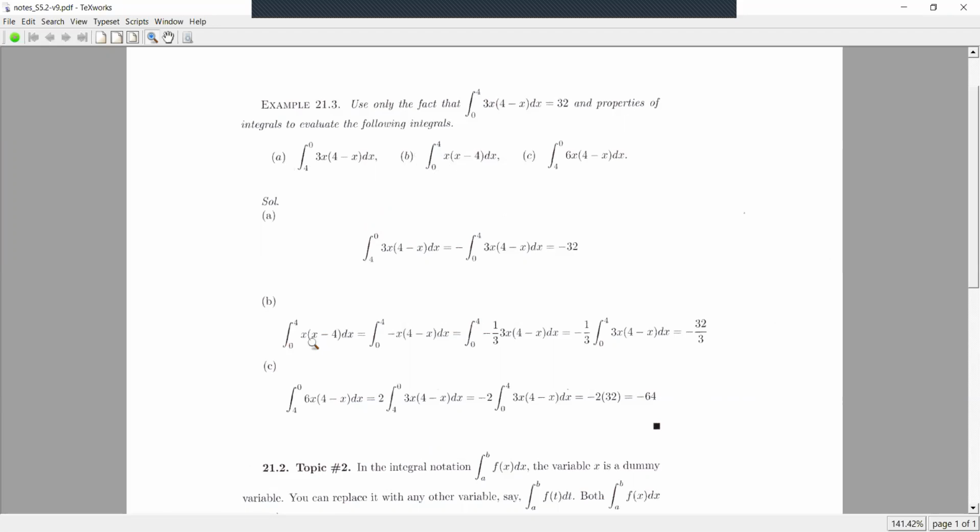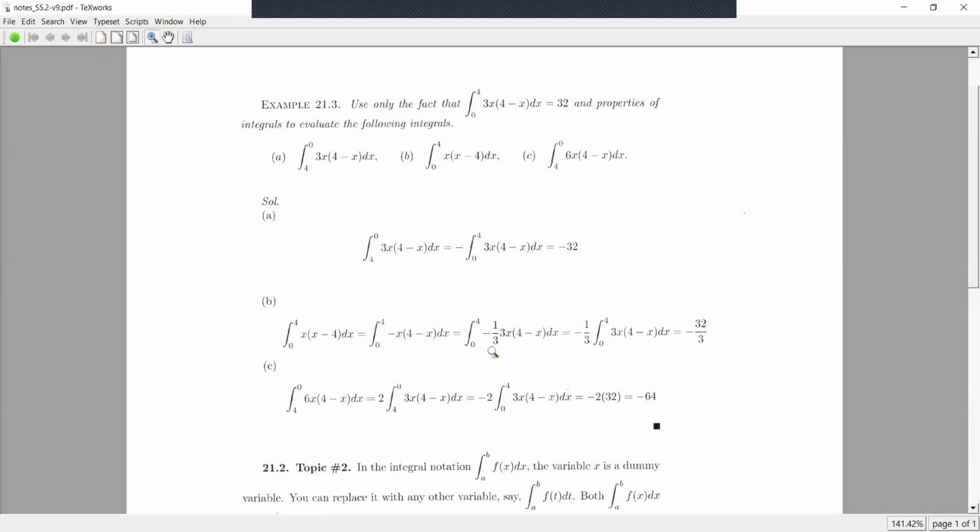First, let me take negative out from x minus 4. Now the function is negative, and the factor now becomes 4 minus x. But this function is still different from the function here. Okay, now the coefficient is 1. Let me write the 1 as 1 over 3 times 3.